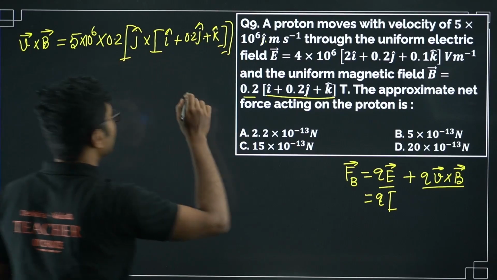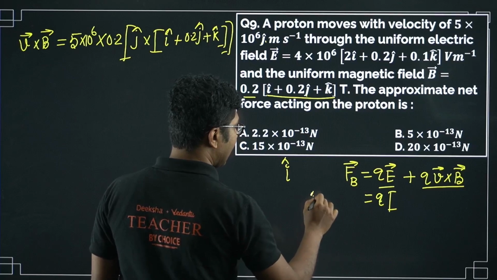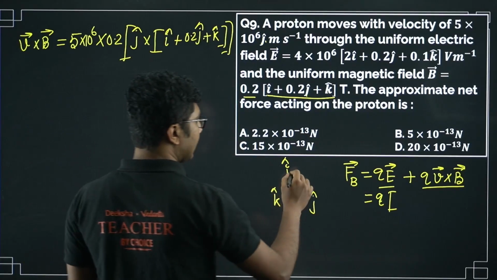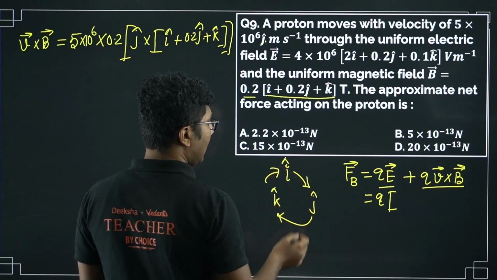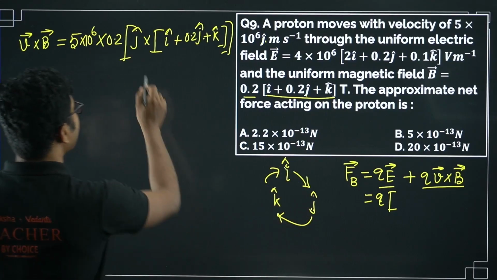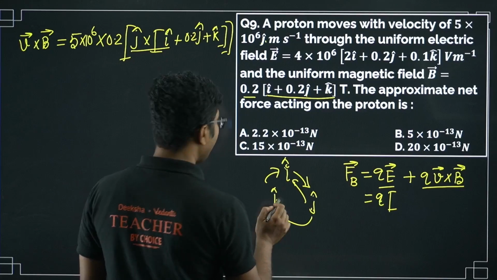Now j cross I, so we remember I cap, j cap and k cap. Okay, so this is the direction. Now if you are going in the opposite direction, j cross I means negative of k.